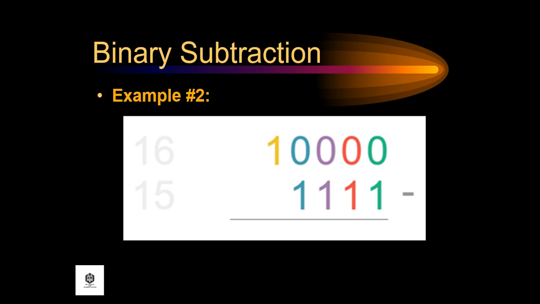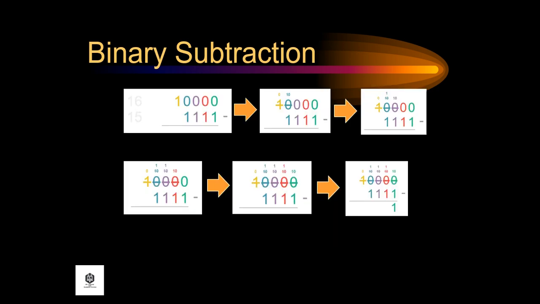Let's proceed to binary subtraction example number 2. The given numbers are 10000 or 16 in decimal minus 1111 or 15 in decimal. The solution will be 10000 minus 1111.